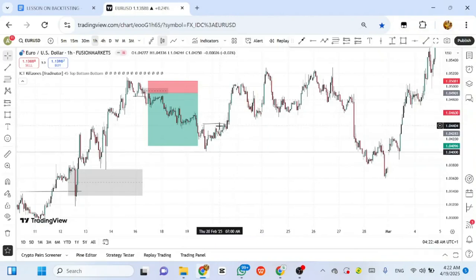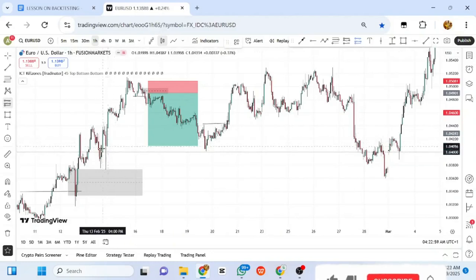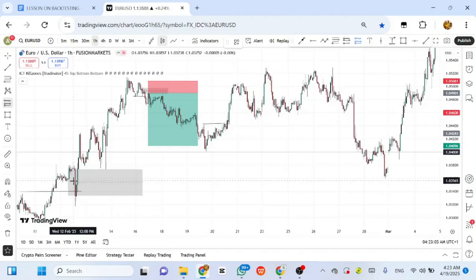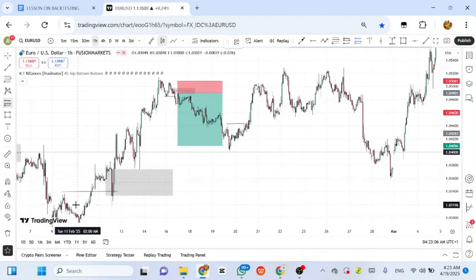Somehow, after seeing this engulfing here, I'm still telling you that I can take this trade. You know why? Because this is a kind of demand zone, because this was a demand zone. First a breakout, a retest.